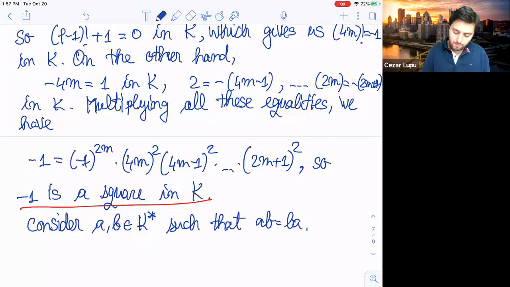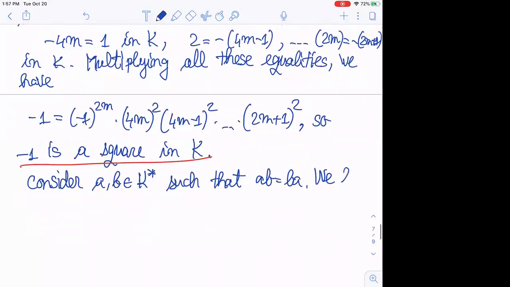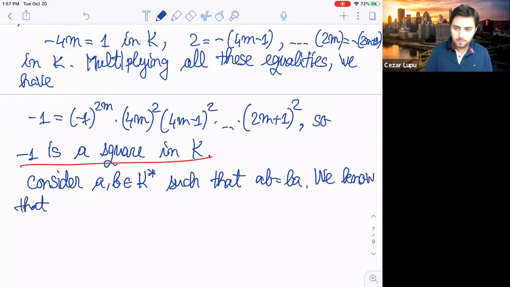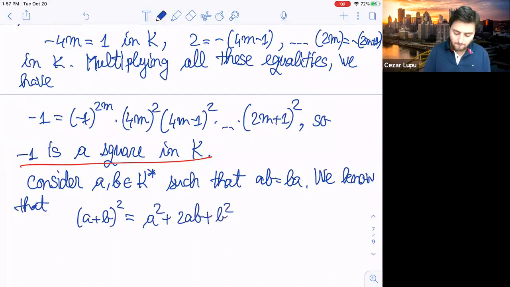Then (A plus B) squared is A squared plus 2AB plus B squared, and (A minus B) squared is A squared minus 2AB plus B squared.